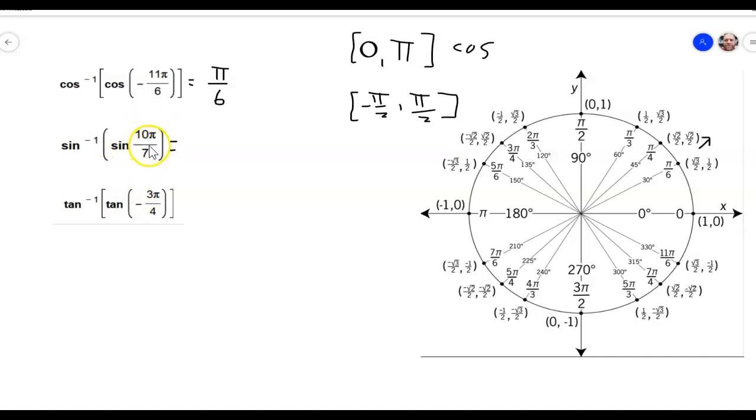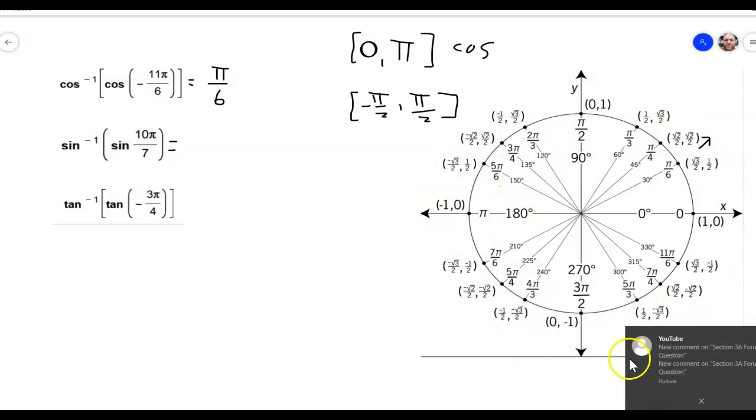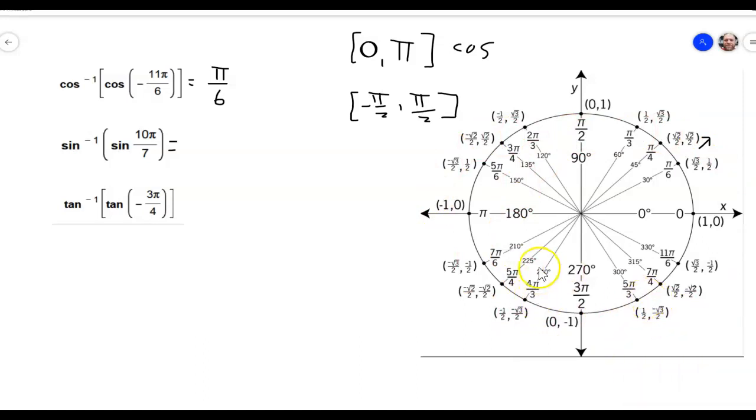However, 10 pi over 7 is still less than 2 pi, so it's still in standard position here, which means that we're going to have to use an angle that points in a different direction. Let's see where 10 pi over 7 would lie. Because 14 pi over 7 would be 2 pi, it's probably going to lie somewhere here in this fourth quadrant.